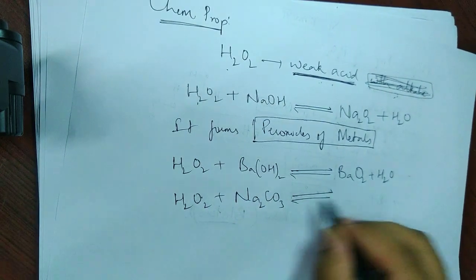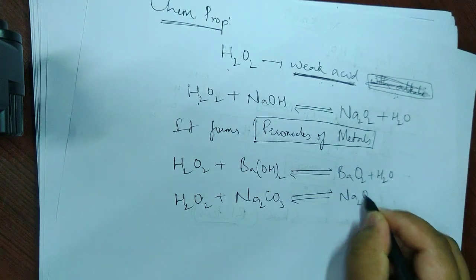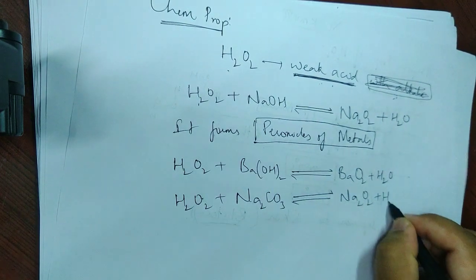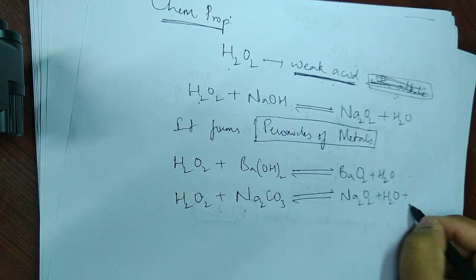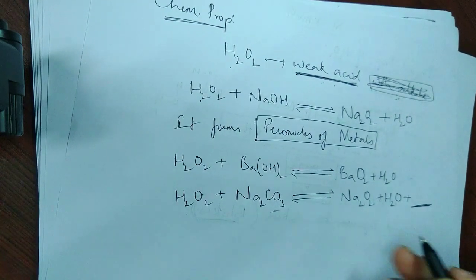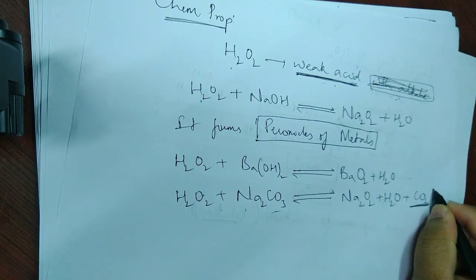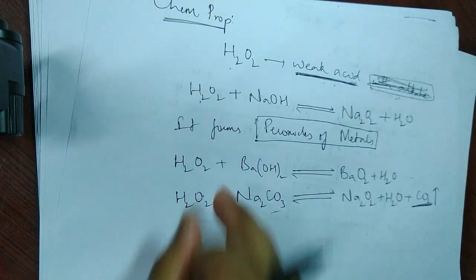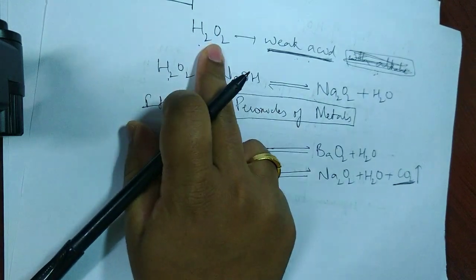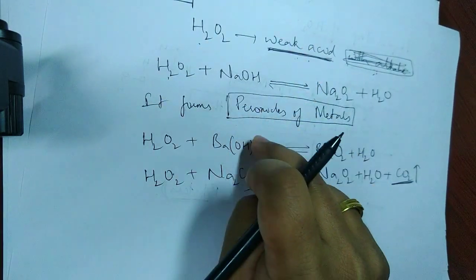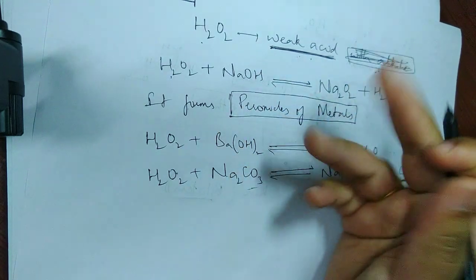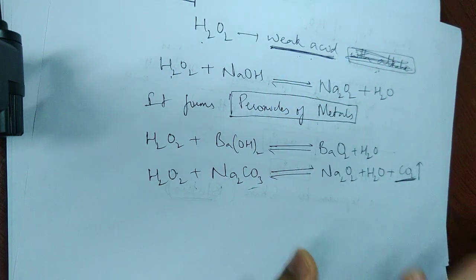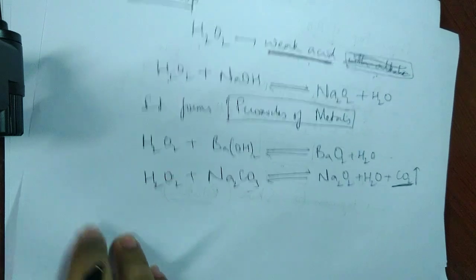Sodium peroxide plus water, and since carbonate is there, there must be carbon dioxide gas. So the point you must know is that H2O2 acts like a weak acid with alkalis, and with alkalis it forms peroxides of the metals. That's the chemical property.